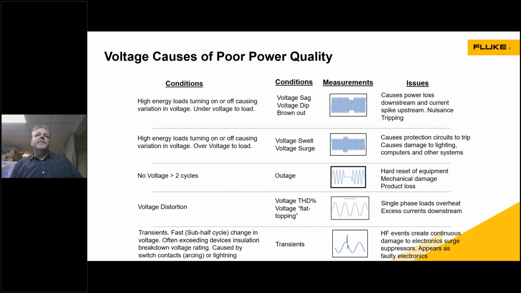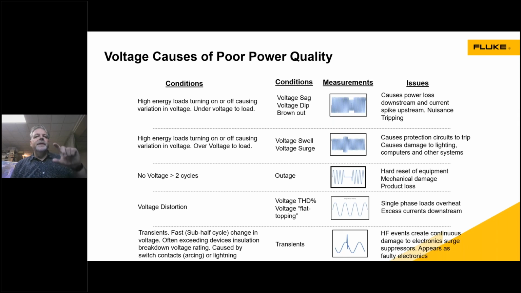So voltage sags, voltage dips, brownouts, those are events where the voltage drops momentarily, causes nuisance tripping of equipment, because as the voltage drops, the load still wants current and it might overcurrent momentarily. We have voltage swells and surges that we can measure. Outages, that's pretty easy. Usually the lights go out at that point in time.